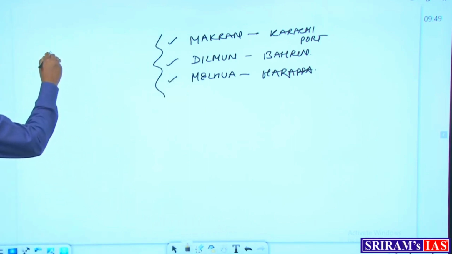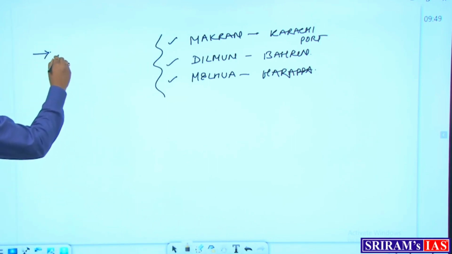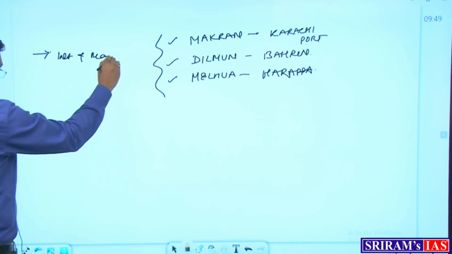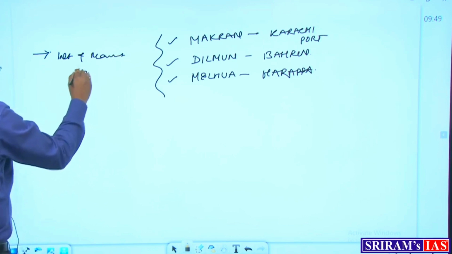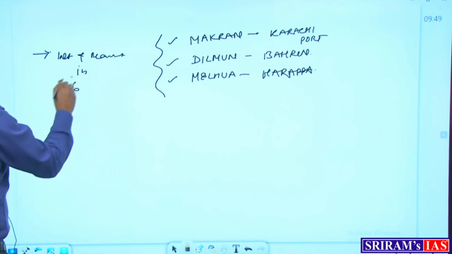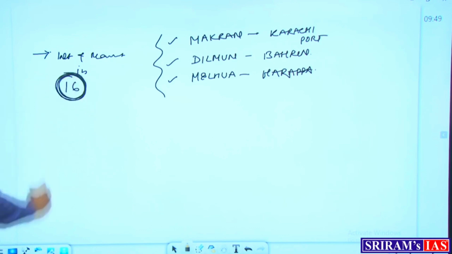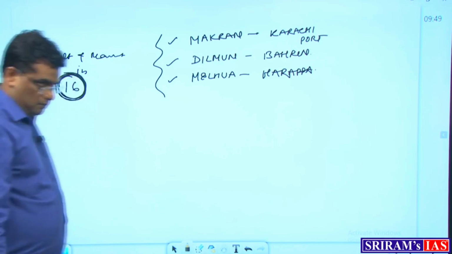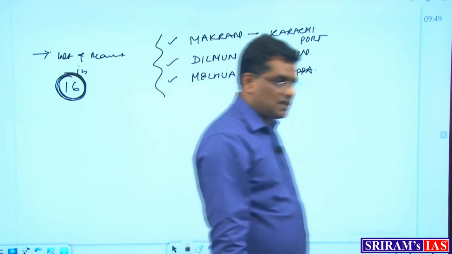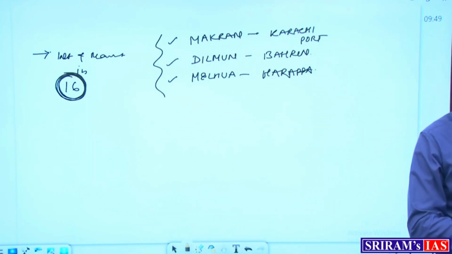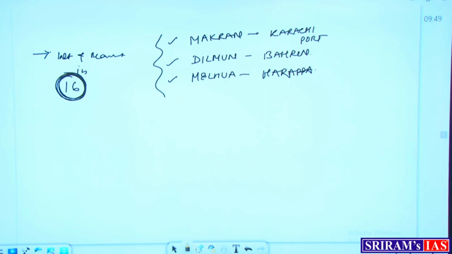Both Harappans and Mesopotamians used weight and measurement in multiples of 16.